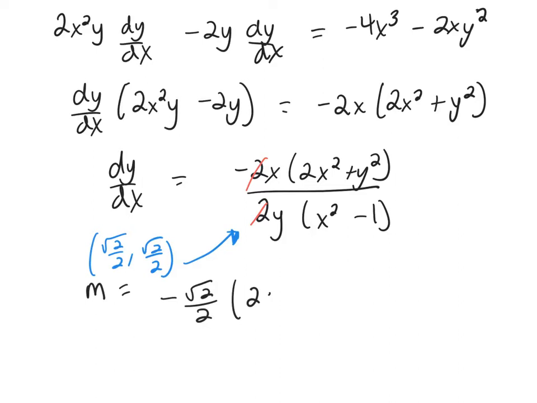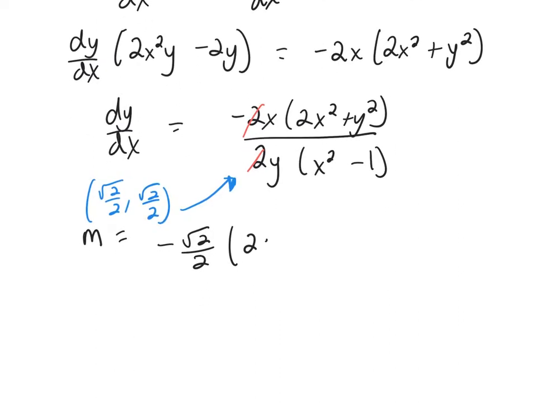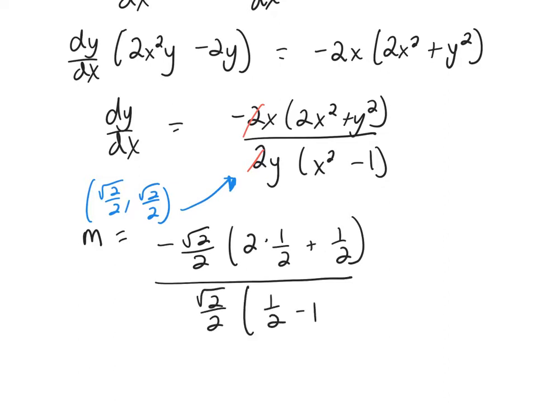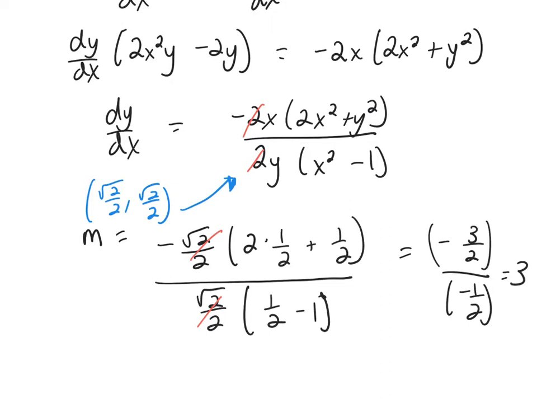If I square square root of 2 over 2, you're going to get 1/2 plus 1/2. That's square root of 2 over 2, 1/2 minus 1. So these two will cancel here, and I'm going to get a negative 3/2 over a negative 1/2, or just 3. So the slope of my tangent line is 3.